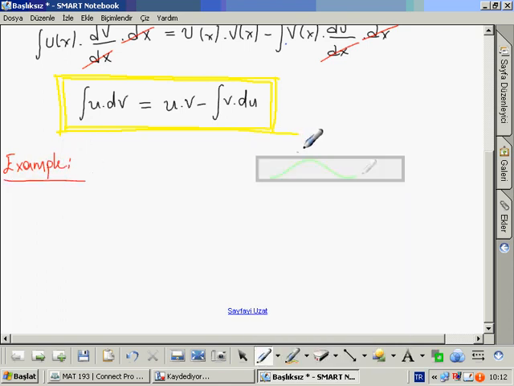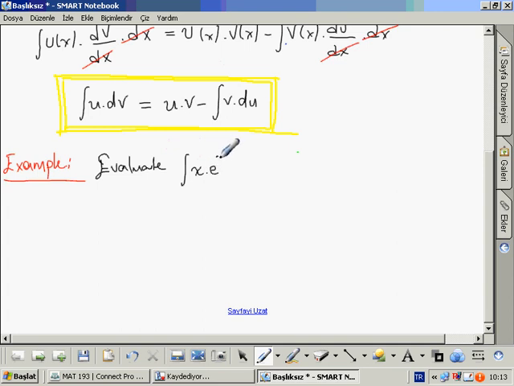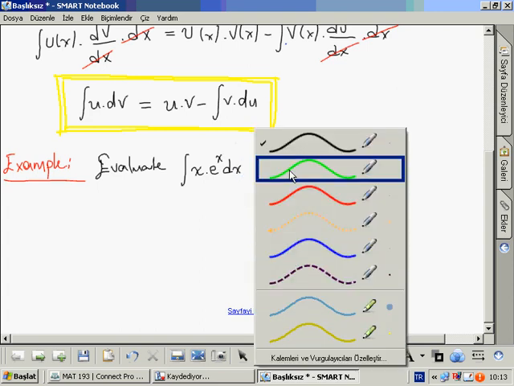Example: evaluate the integral of x times e to the x ∂x.